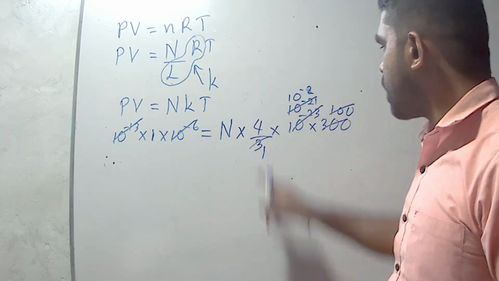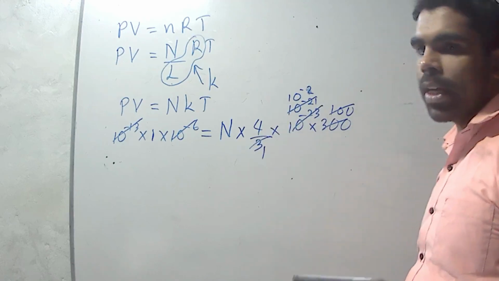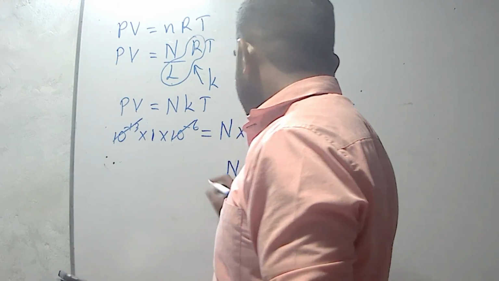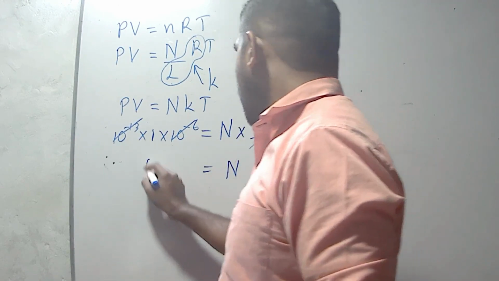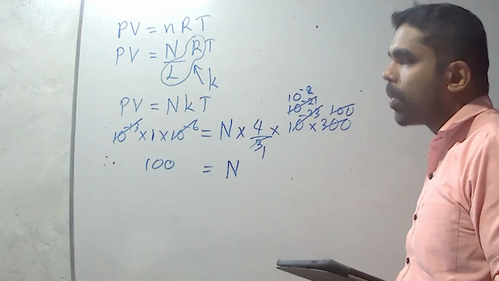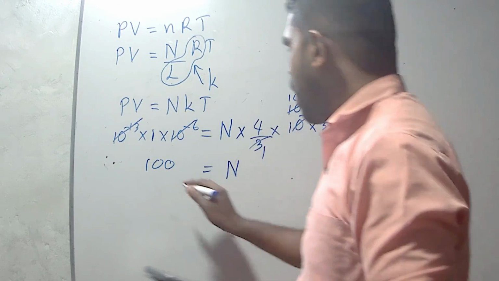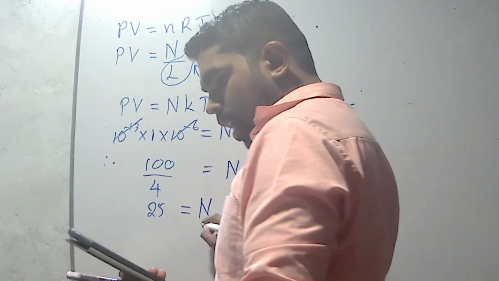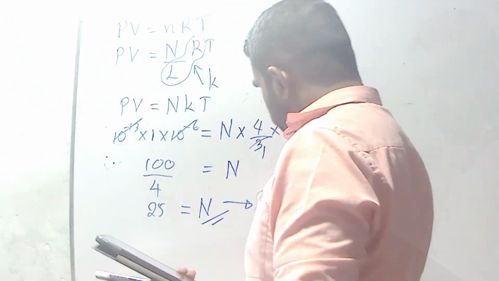We can bring 10 to the power minus 2 and 4 to the left hand side. Then N equals 10 to the power minus 2 means 100, we can get it to the right hand side as 10 to the power 2. It is 100 divided by 4, 25. Then answer is 4.